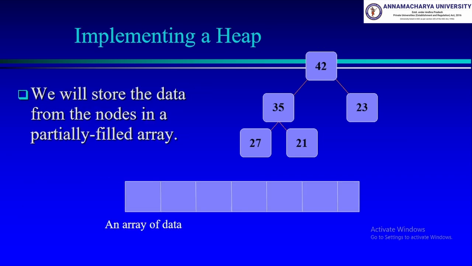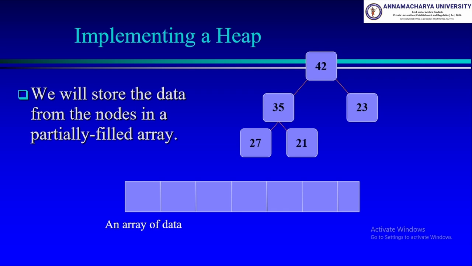Implementing a heap is like this. It is a simple heap with 5 nodes: 42 is the root node, 35 is the left child, 23 is the right child, 27 is the left child of 35, and 21 is the right child of 35.